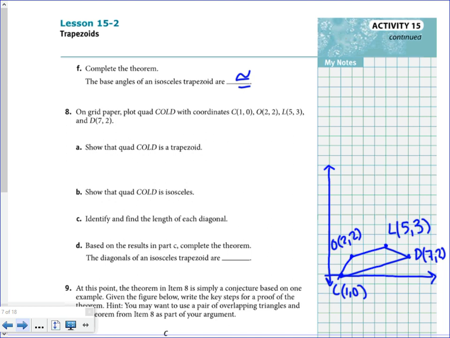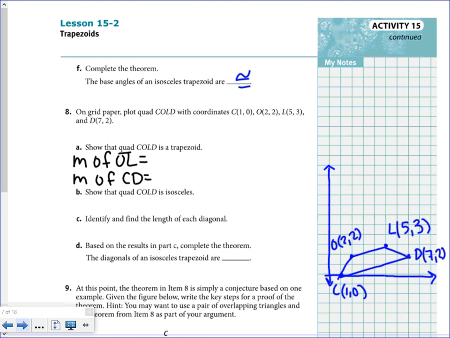And so the first thing that we want to do is to show that it's a trapezoid. So the definition of a trapezoid is that we have exactly one pair of parallel sides. So we need to find the slope of all of the sides. So I'm going to start with the two that appear to be parallel, OL and CD.